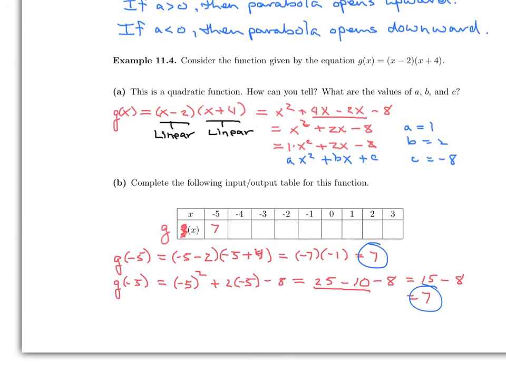Similarly, you can calculate all of the other outputs from substituting these input values in. You will arrive at 0, negative 5, negative 8, negative 9, negative 8, negative 5, 0, and 7.